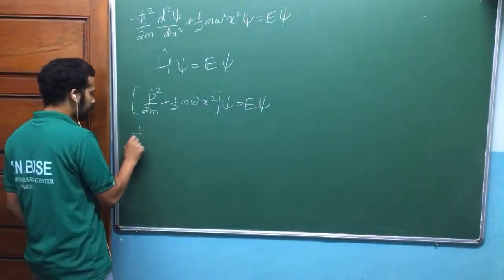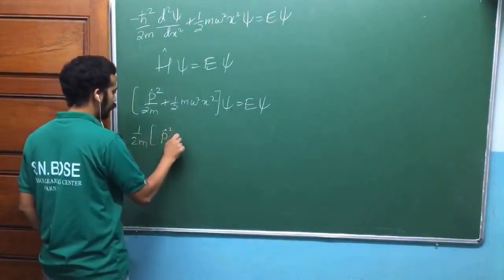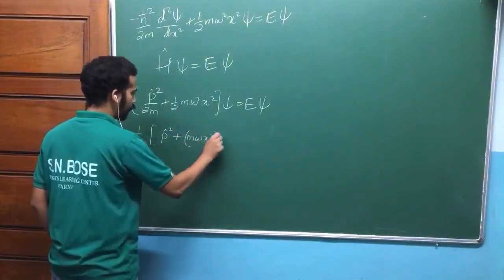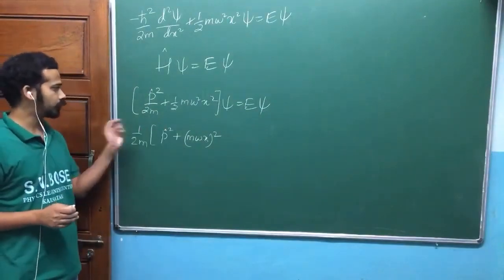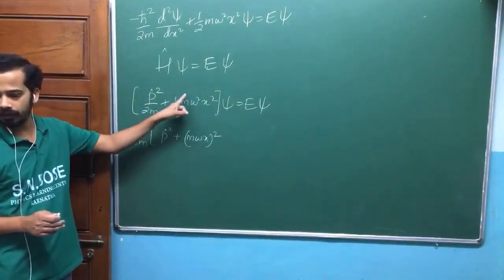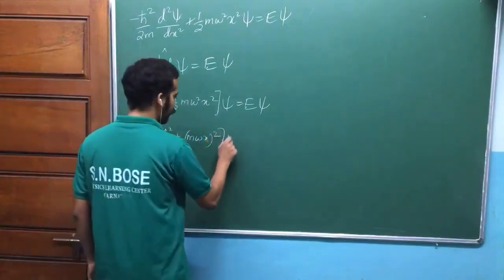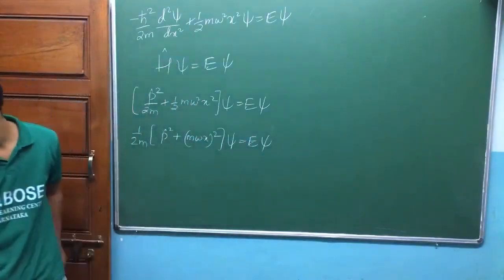Now I'll take 1 by 2m outside. What will happen is p cap square plus (m omega x) the whole square. If you take one more m outside, here m square will be there, so divide and multiply by m here. Whole square of psi equals E psi. Can I write like this?